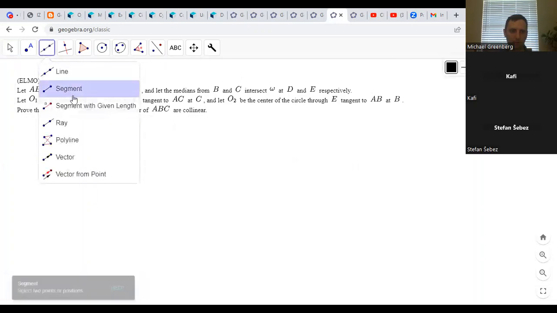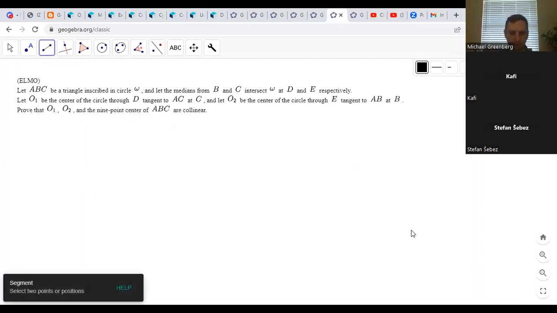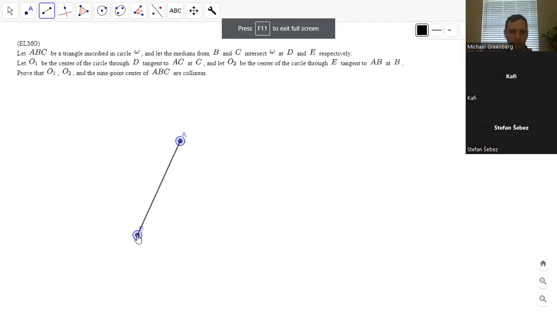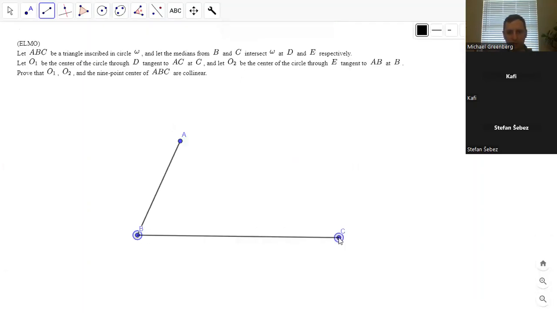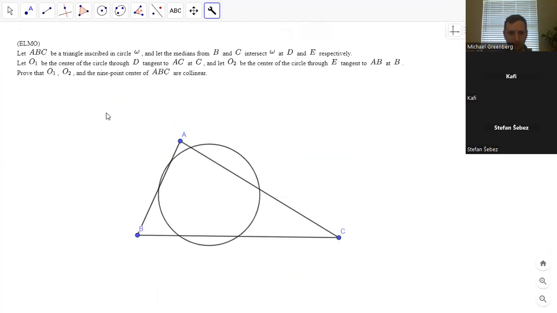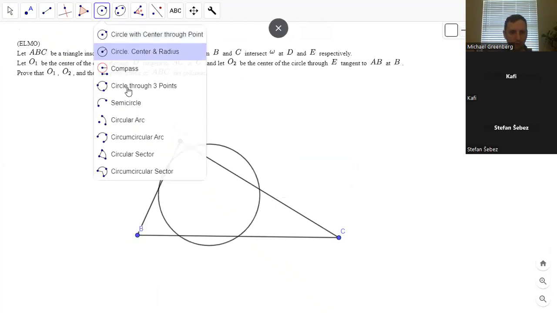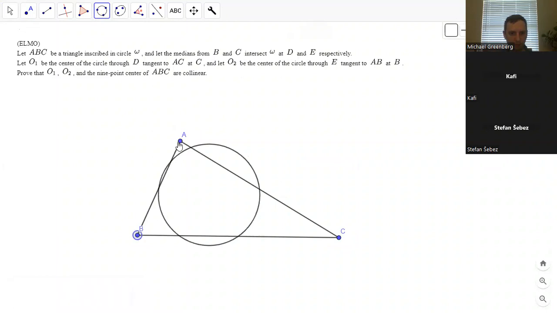So there we go. And I have a tool for the 9-point circle. That should help. Okay.